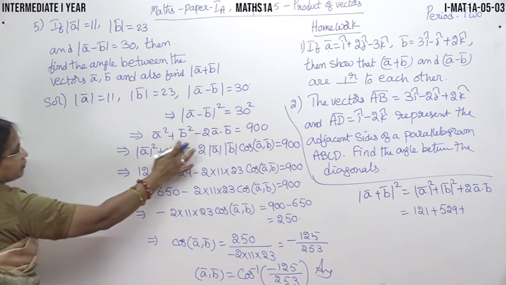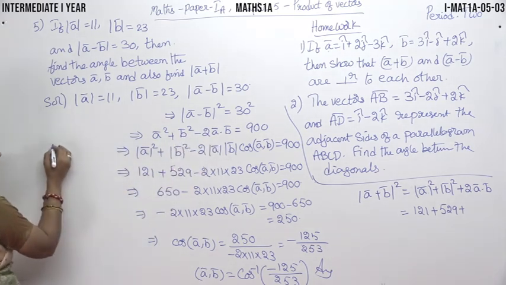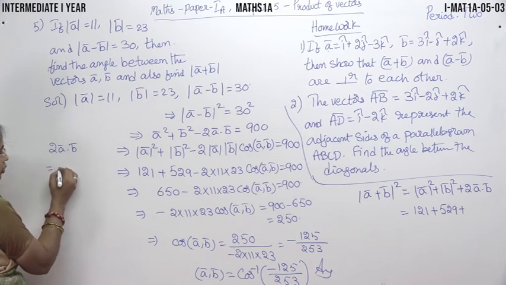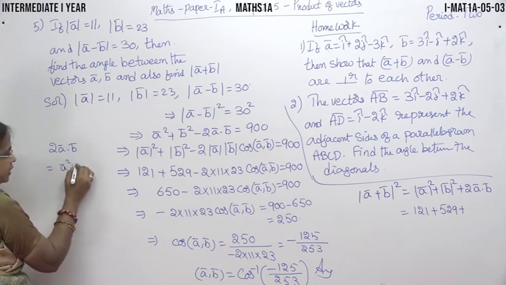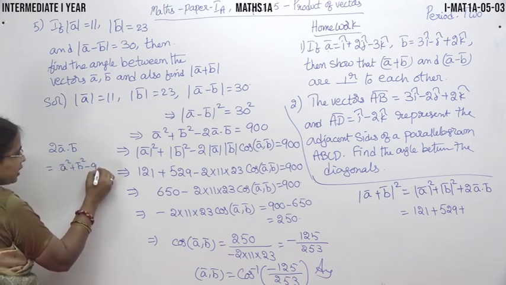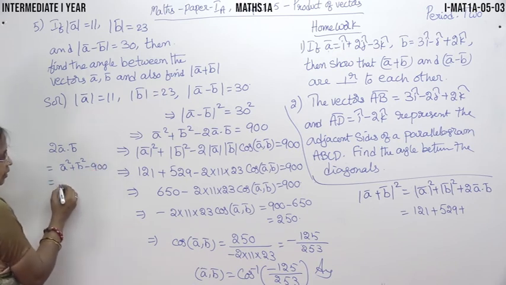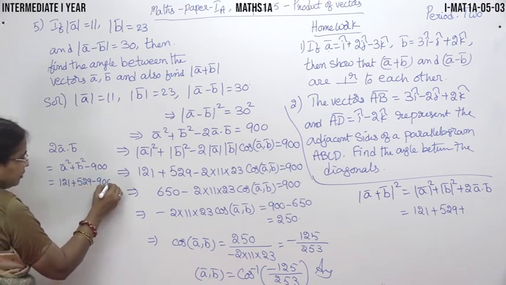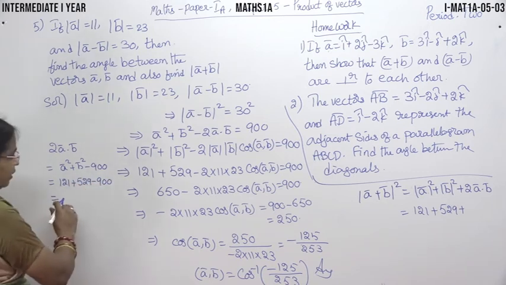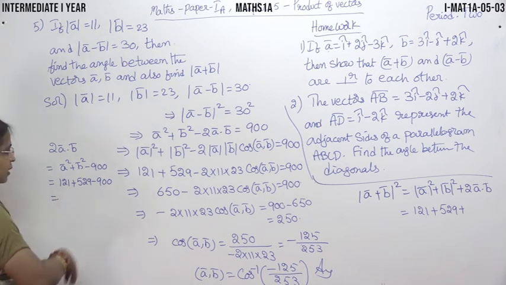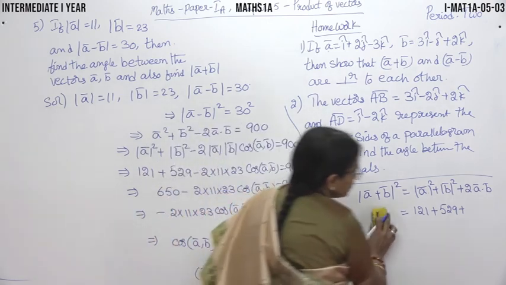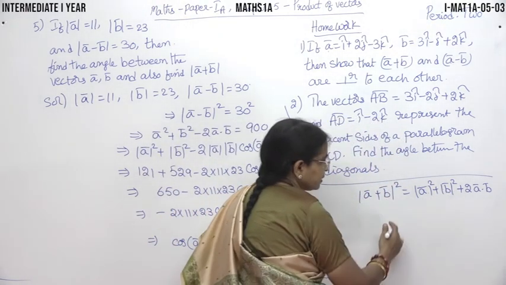So from this you can find out 2 A dot B as equal to A square plus B square minus 900. That is 121 plus 529 minus 900. So when you simplify, you can substitute there. So use this formula and then you can simplify.